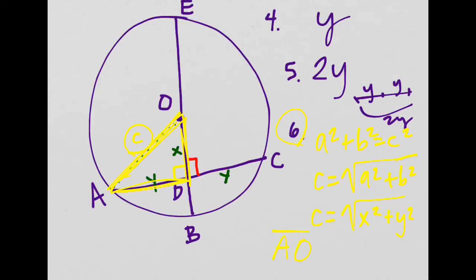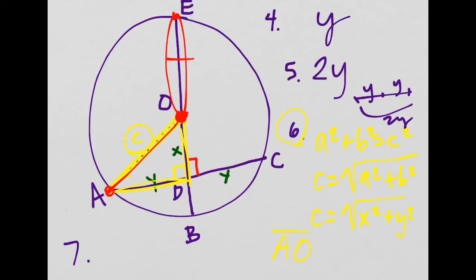AO or OA. Okay. All right, and last but not least, number 7. They want to know OE. Well, OE is a radius, isn't it? From a center point to an end point. Well, wasn't AO also a radius from the center point to an end point?